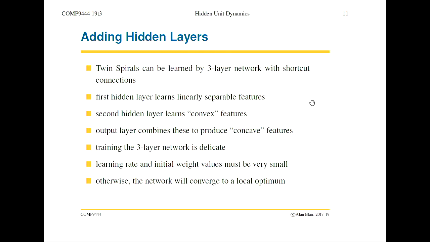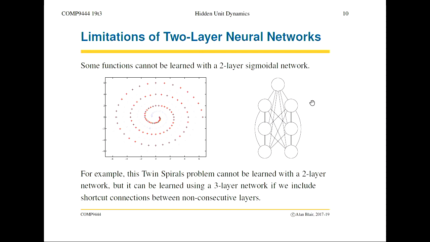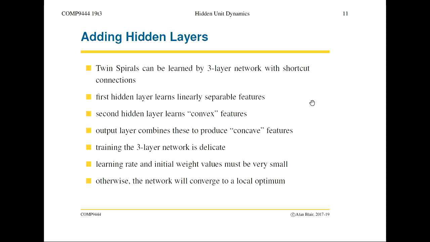And if you try to analyze how the task is achieved, the first layer learns linearly separable functions of the inputs. The second layer, we can't give a simple characterization of what kind of functions it can learn, but roughly speaking, they can learn convex functions.